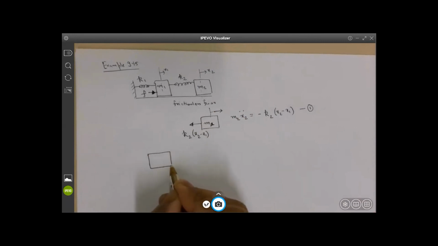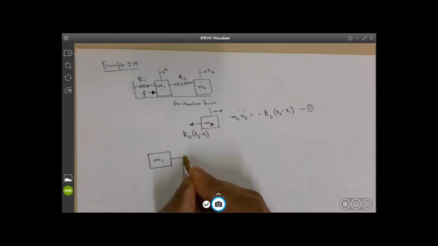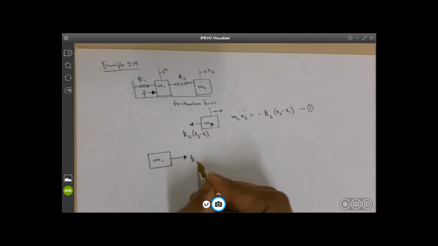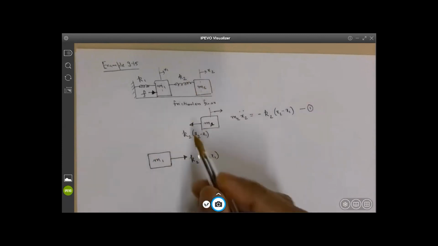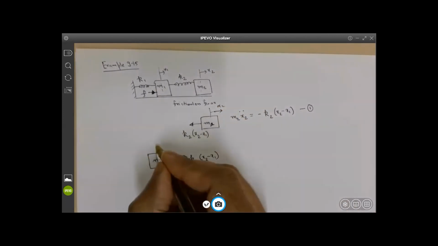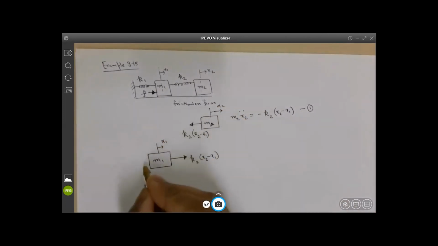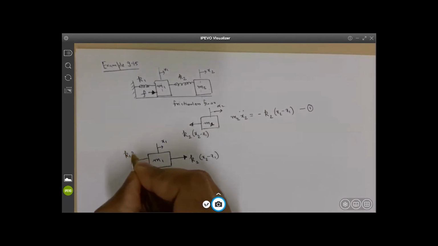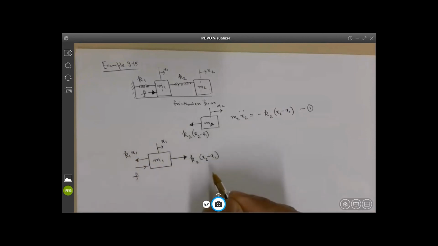Great. So for the other block, mass m1, we write a similar equation. I have k2 times x2 minus x1, assuming x2 is greater than x1, so this is displaced more than x1. I am experiencing a force F, and a spring force K1 x1 in the opposite direction.